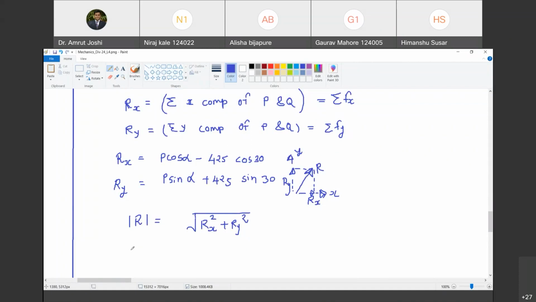Happy? Yes. And what is the angle theta made by R with reference to x-axis? Is it tan inverse of Ry upon Rx? देखो, yeah. Do you agree with me?